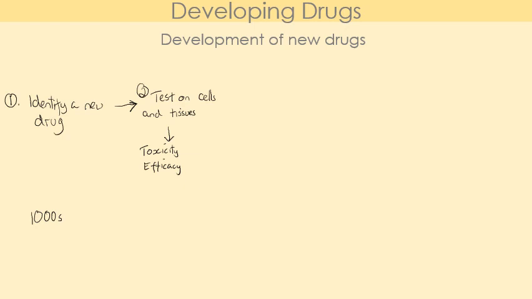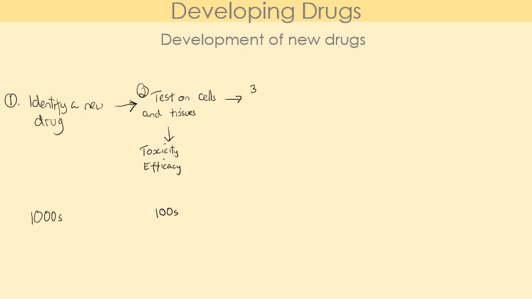So toxicity, to see if it will kill the cells and tissues, and efficacy, to see how well it works on the pathogen or on whatever it is we want to be treating. At this stage, those thousands of new drugs that we might have thought of, we're now down to hundreds of drugs, potentially even less.